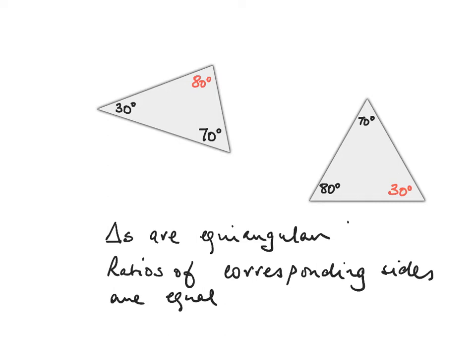Triangles are equiangular, it just means they have the same angles. And triangles are similar.